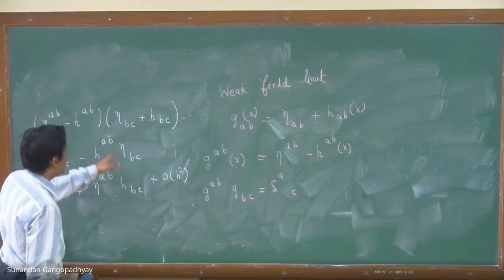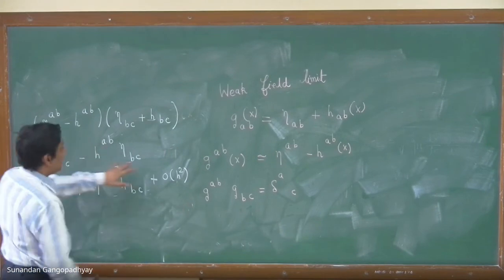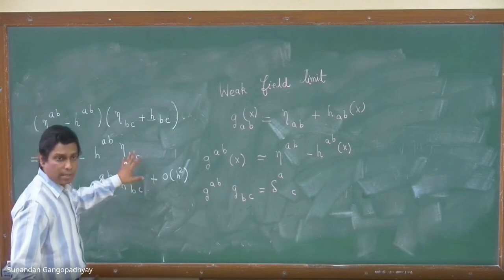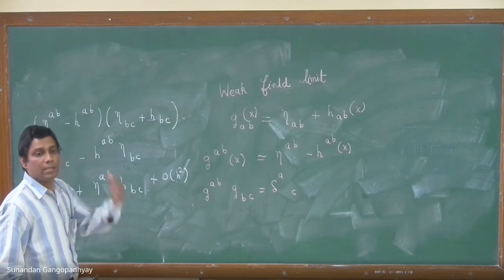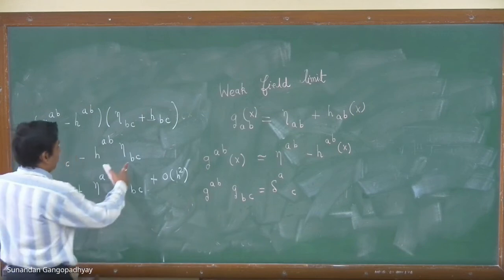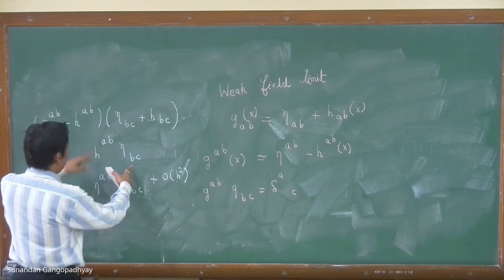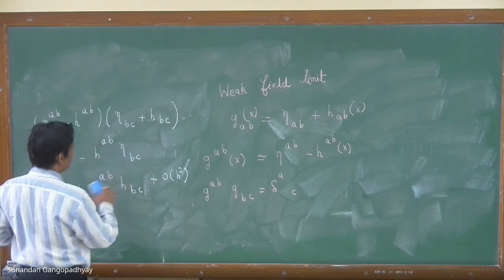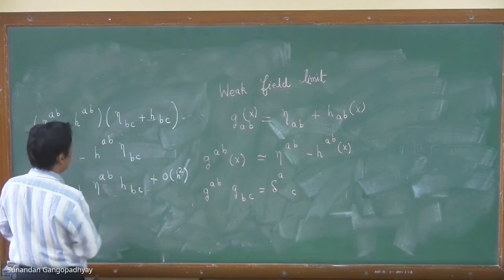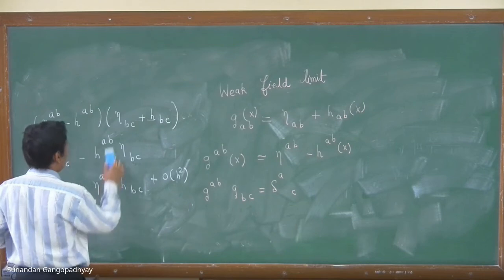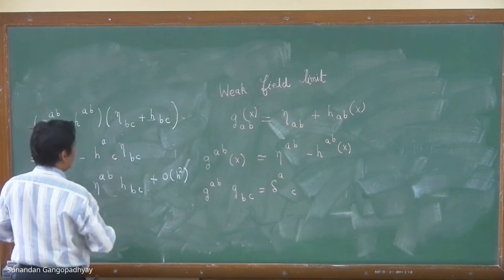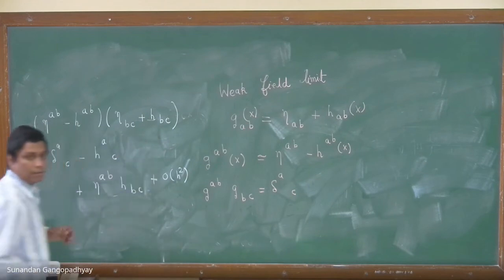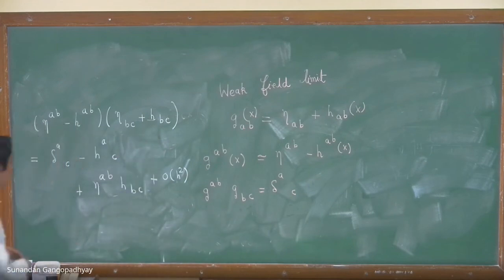Now what is H_AB theta_BC? Theta_BC is the metric tensor now, which will be used to raise and lower indices. So it will give H_AC.